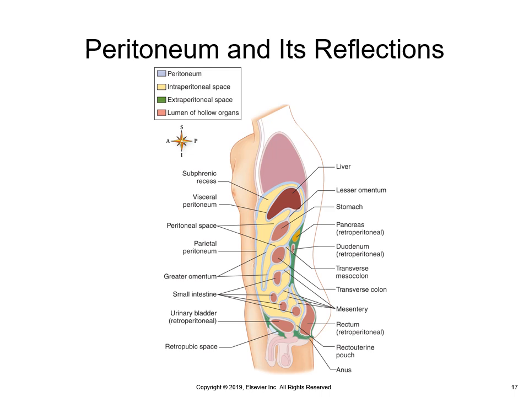So again, in terms of the yellow colors, or the intraperitoneal space, as you can see, it contains some of the organs that are completely or mostly enclosed by what we call visceral peritoneum.